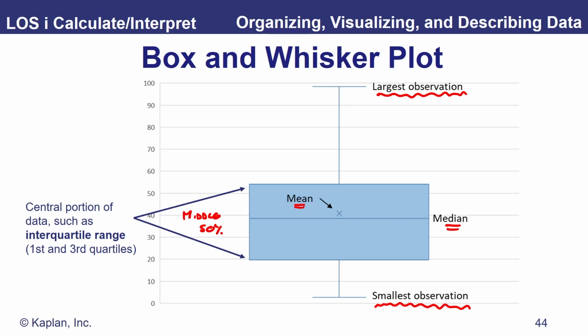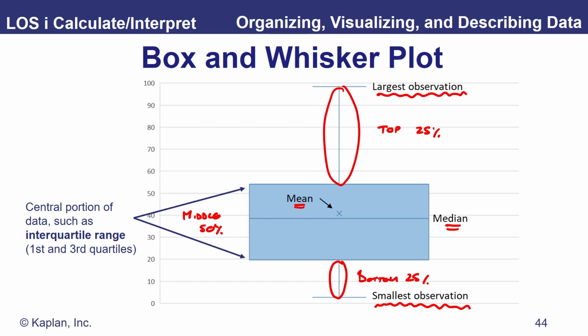So what can we actually tell by looking at our box and whisker plot? Well, notice the distribution, and this of course must be, if the blue shaded box is our interquartile range, this must be the top 25% of observations, okay? Whereas of course this must represent our bottom 25% of observations.